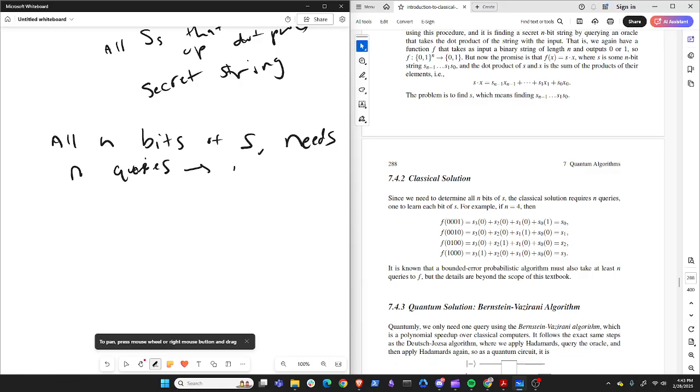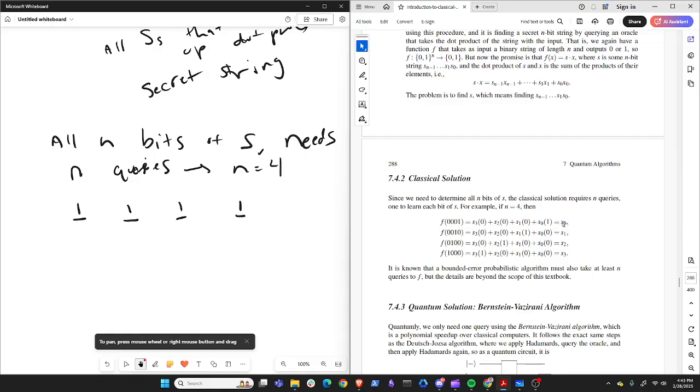So as they show in this example, if n equals 4, we would need to query a 1 in each of the 4 positions in the dot product. Because of the way the dot product works, multiplying by 0, 0, 0, 1 gives us s of 0. Everything else cancels out to 0, and we simply get s of 0 for the dot product.